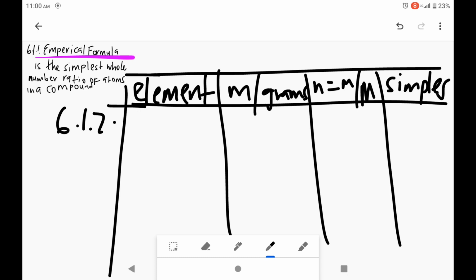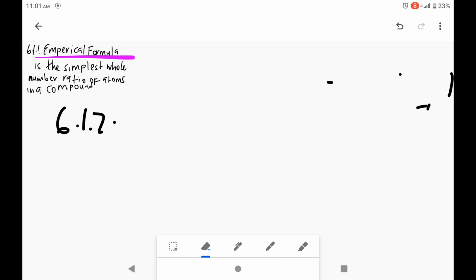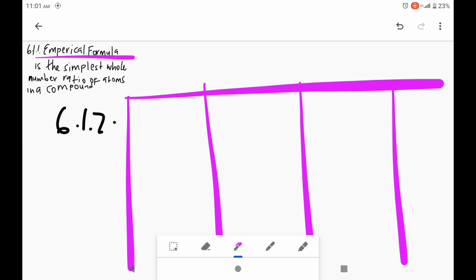Let's try to formulate a table like this one. Well, I don't think it's visible. Let me delete everything. I don't like to write things that I can't even see myself. Let's try to make that table again.